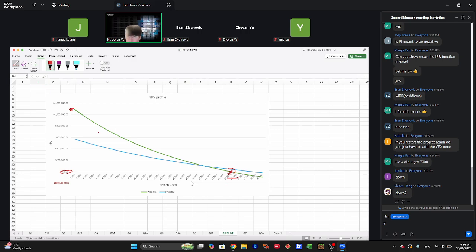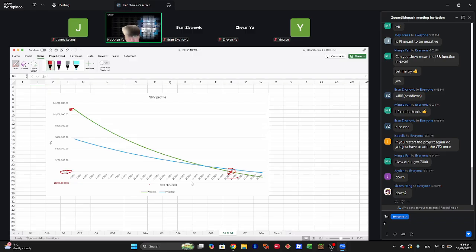If you have the cash flow structure, you change the discount rate until NPV equals 0. That discount rate is called what? Does anyone know this one? This is quite important. This is the definition part. It's not just about calculation.